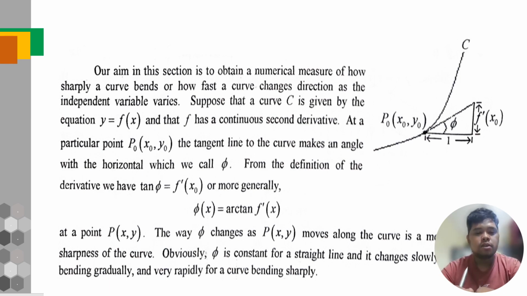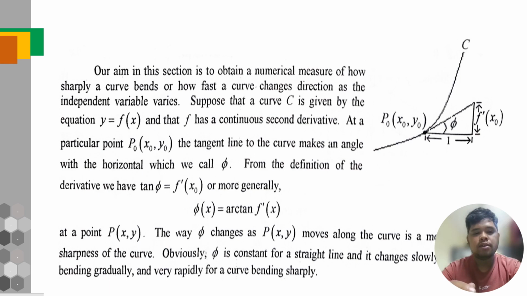Okay? So suppose that a curve C is given by the equation y equals f of x. So we have here the graph on the right hand side of our screen, the graph of y equals f of x, and that the function is continuous.